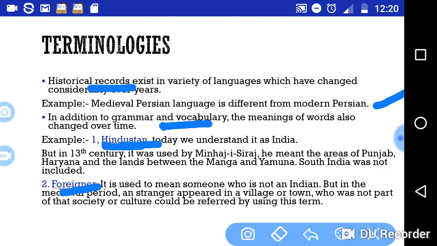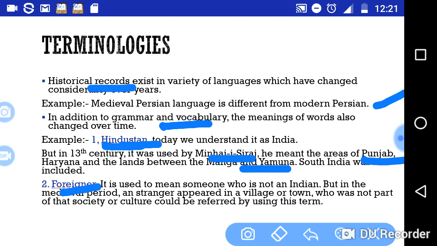India is also called Hindustan, but in the 13th century, a person named Minhaj Siraj, a chronicler of the 13th century, used the word Hindustan to refer to areas like Punjab, Haryana, and the lands between the two rivers, that is Ganga and Yamuna. According to Minhaj Siraj, South India was not included in the word Hindustan.